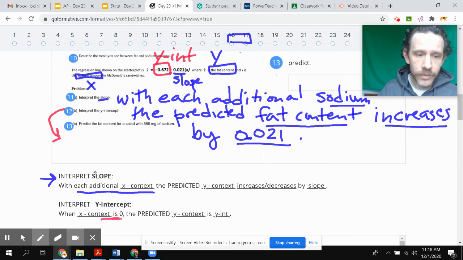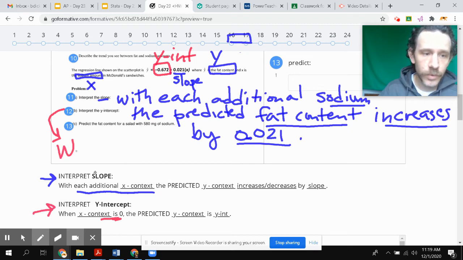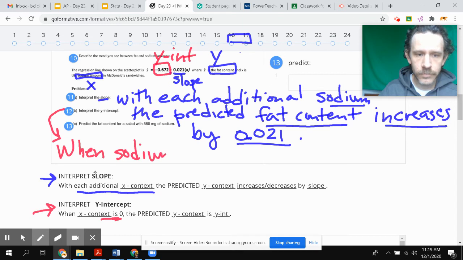So when x is 0, that's where the y is going to be in our prediction line. We'll start off with that sentence, the y-intercept sentence: when x is 0. But what is our x in this context? Sodium. When sodium is 0.